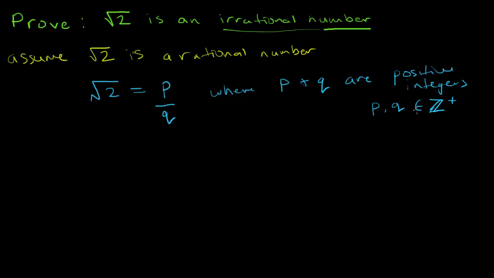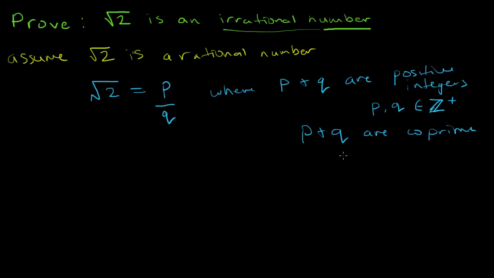Now, the next point we want to consider is also that this is the reduced form of root 2. So the assumption there is also that p and q are co-prime. If you haven't seen what that means, I suggest you watch my tutorial on greatest common factor.